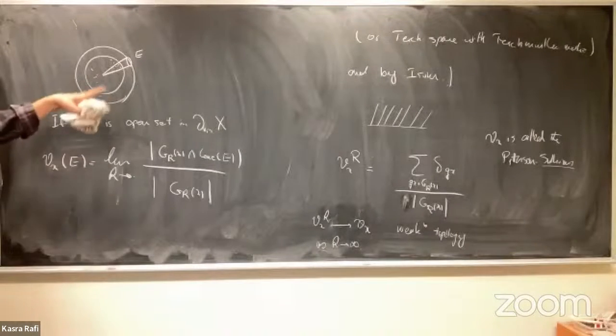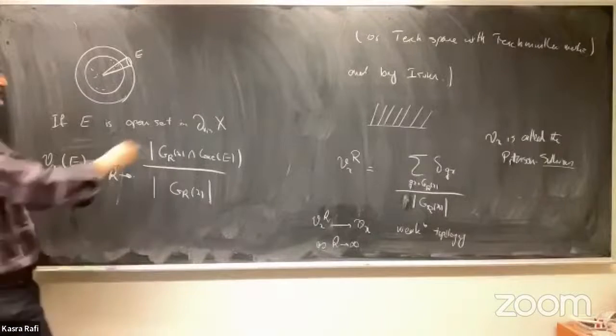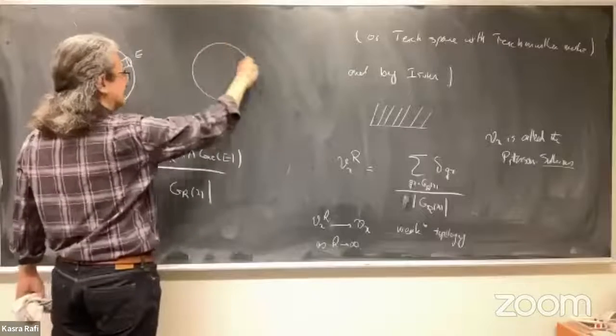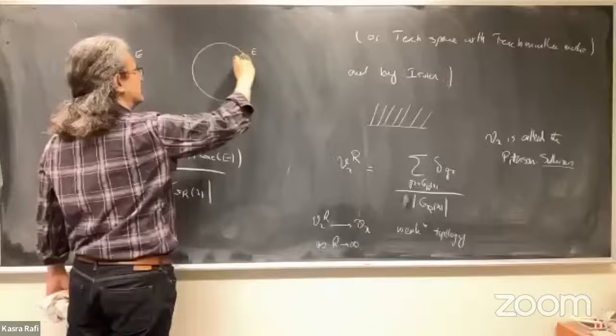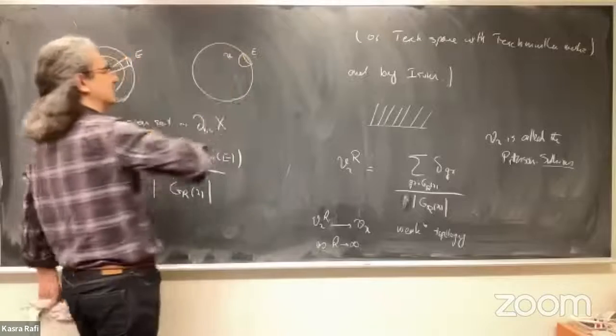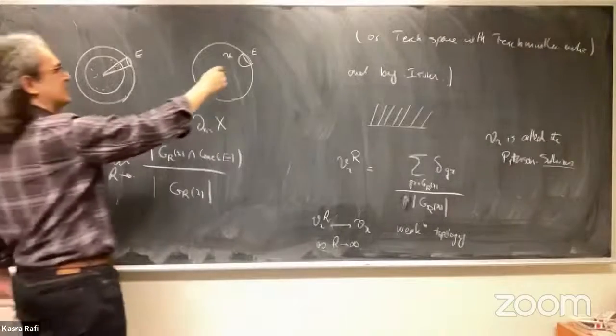This is just the same exact sentence; I haven't changed it in any way. Some people say it differently. Instead of picking the cone around E, you can pick a ball U around E, and do the same thing, counting proportionally.